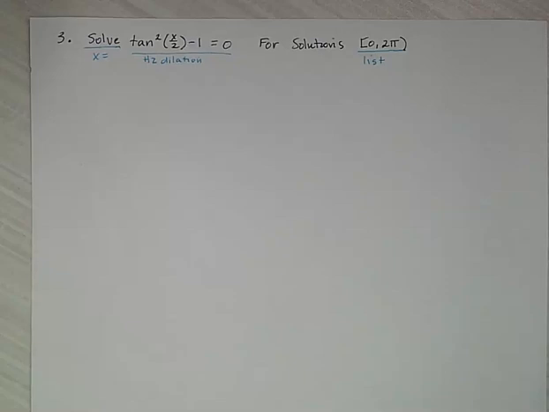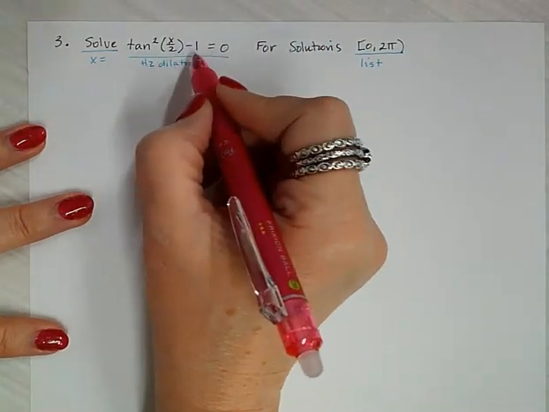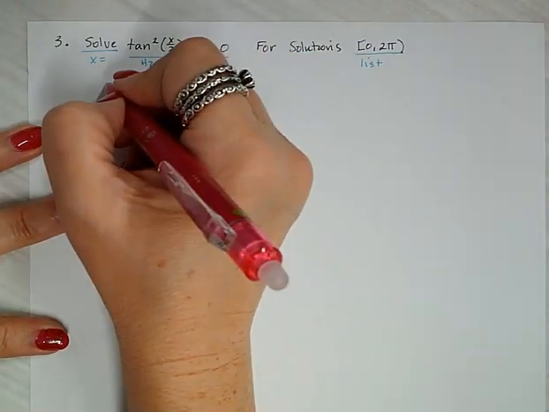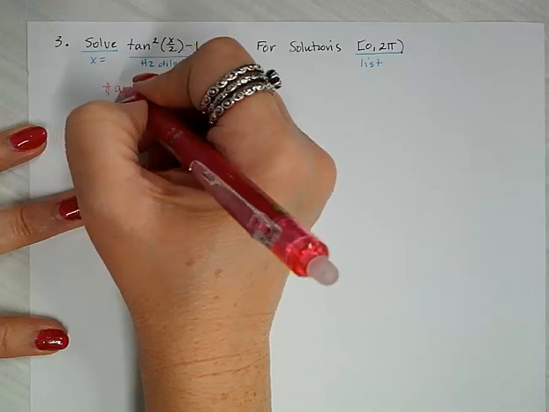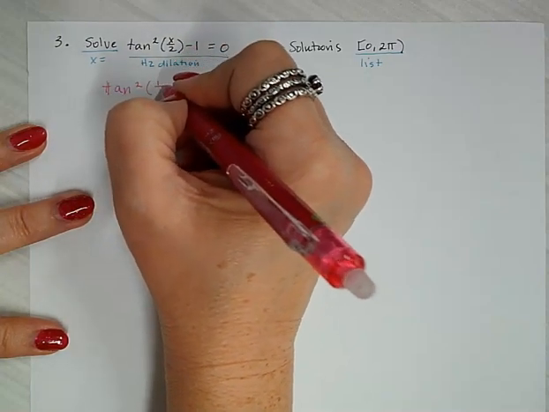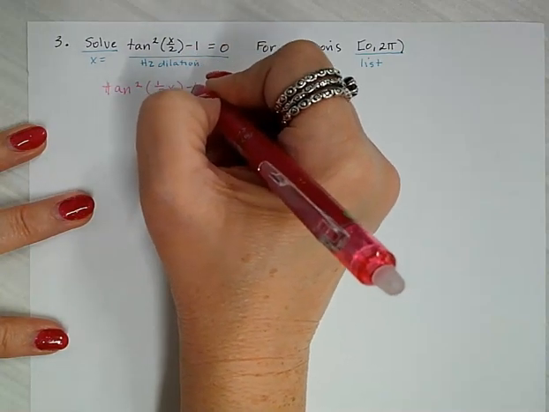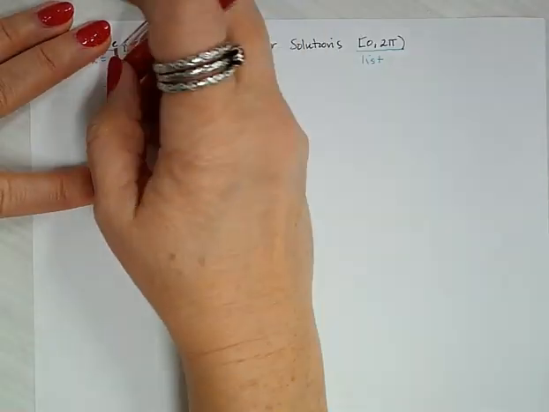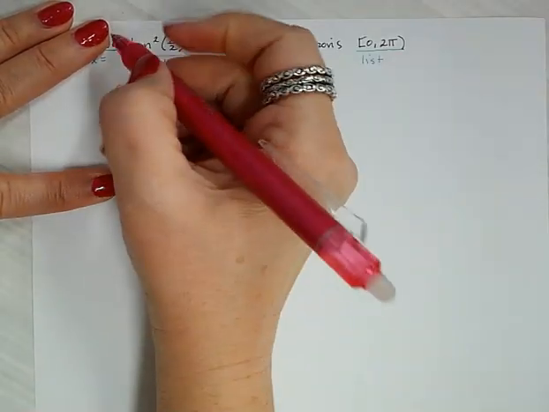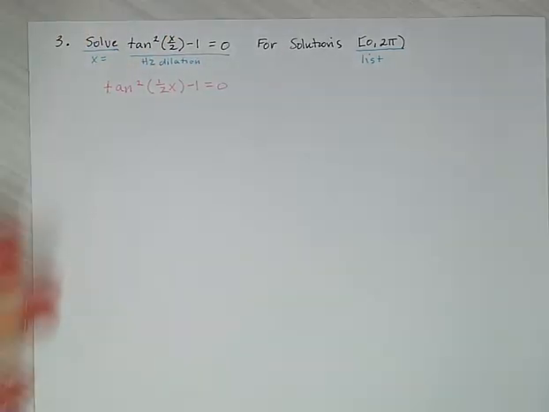So let's talk about a few things here. This problem right here with this horizontal dilation can be the same thing as tan squared of 1/2 x minus 1 equals 0. So that's kind of how you can think of it.